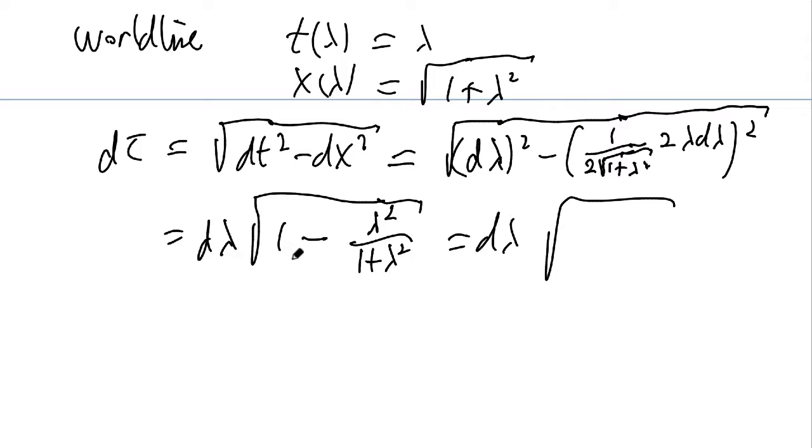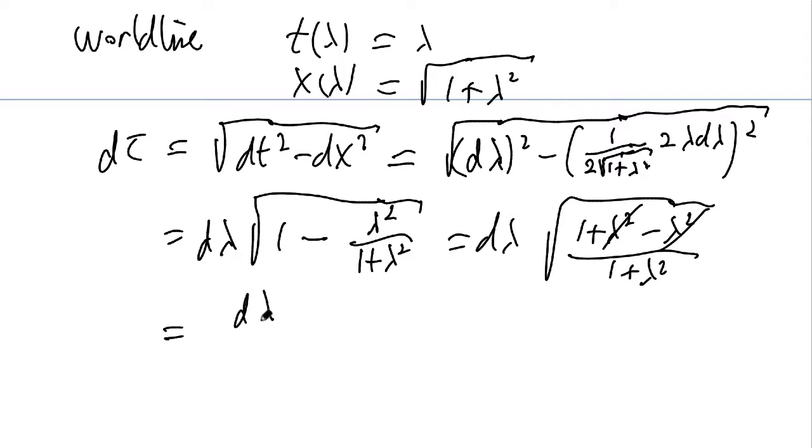And now we can combine these two terms. We have 1 plus lambda squared minus lambda squared divided by 1 plus lambda squared. These lambda squareds in the numerator cancel, and we're just left with d lambda divided by square root of 1 plus lambda squared. That's d tau.